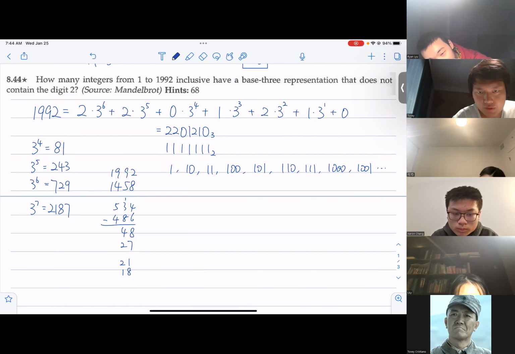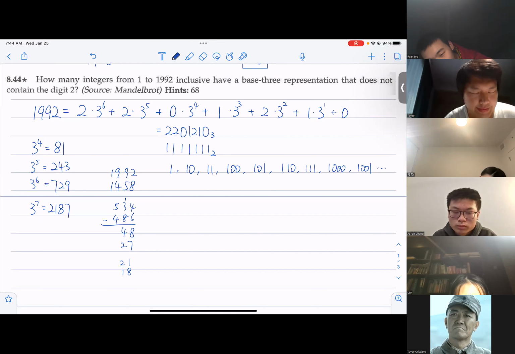Any similar question like this, if in any base number, say base n system, if there's 1 digit you cannot use, you should see it as an n-1 base system. If there are 2 digits you cannot use, you should see it as an n-2 base number system, right? So on and so forth.